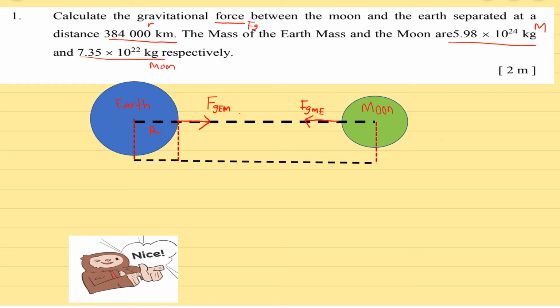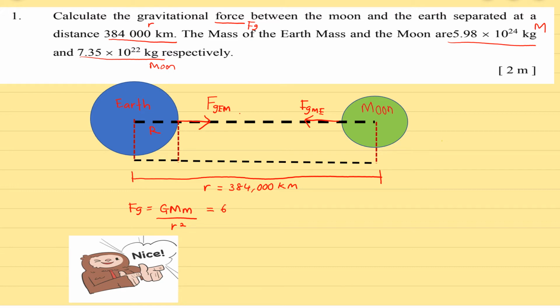So the question gives info from here until here. Okay, the distance is R equal to 384,000 kilometer. So we use formula Fg equal to G m Earth times m moon divided by R squared. Okay, R must start from the center of the earth to the center of the moon.